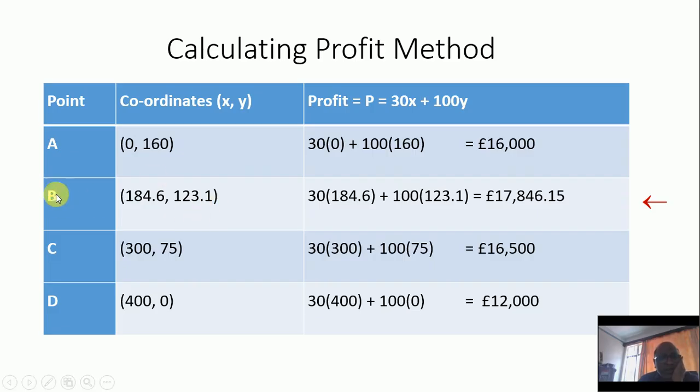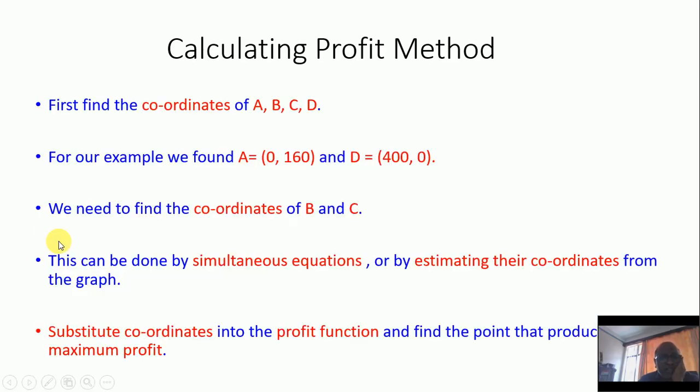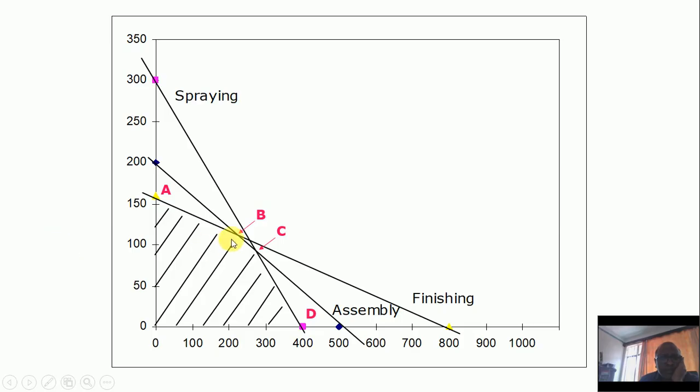Now, what about B and C? B and C would be this one and this one, right? That's where your mathematics comes in, with solving simultaneous equations.